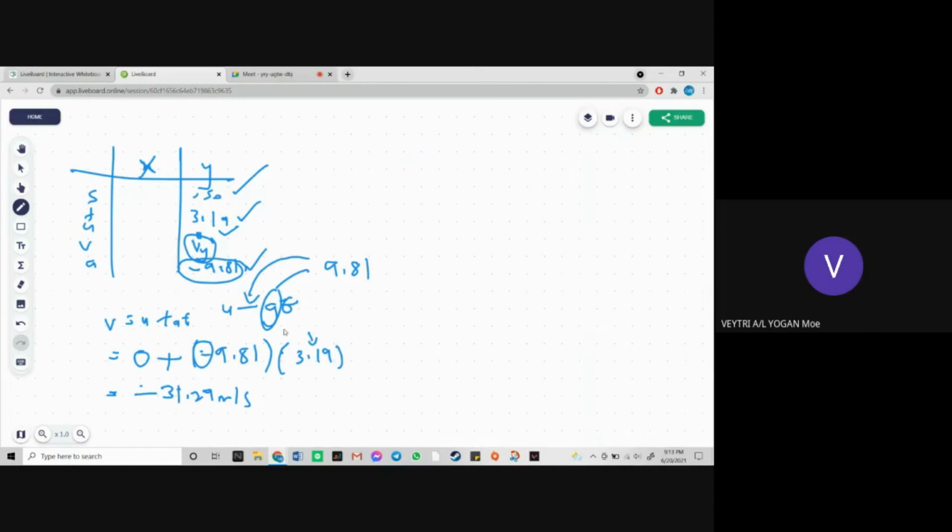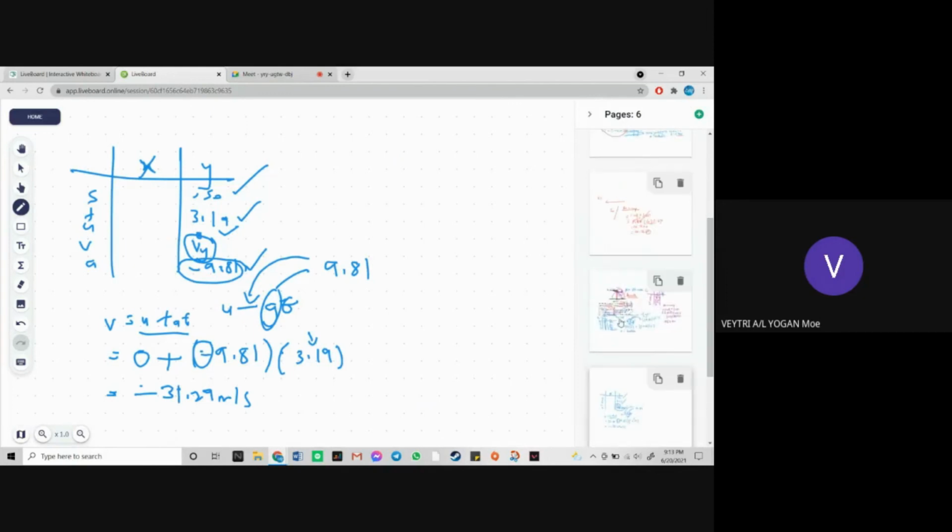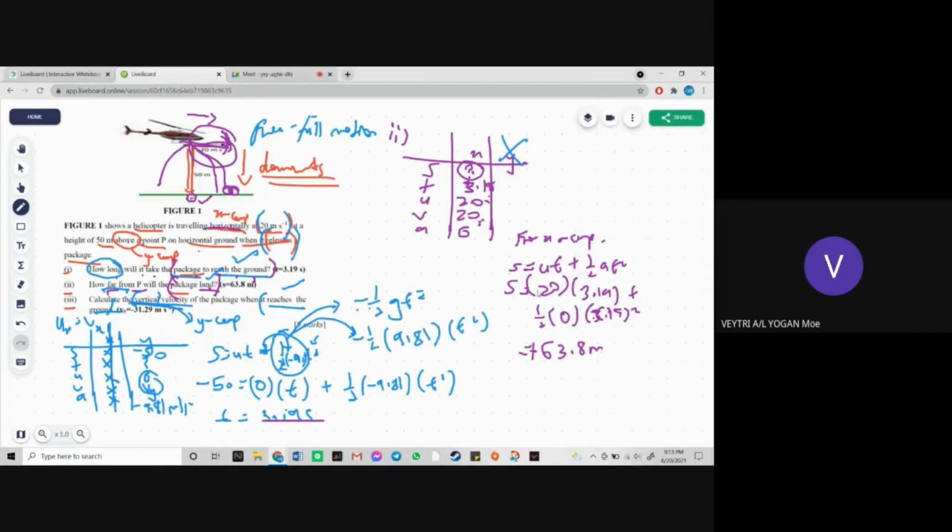But it's best for you to stick to the original formula because you know very well acceleration in y component is negative 9.81. All right. Any questions? No. Okay. Do you have your own questions? Tidak. Okay. I hope you really understand.